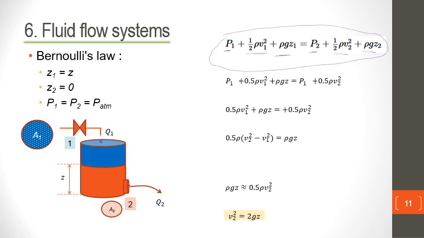So if we take this as the 0 of the height, Z1 should simply be equal to Z, because Z2 is going to be 0, since the outflow occurs here at the bottom of the fluid.